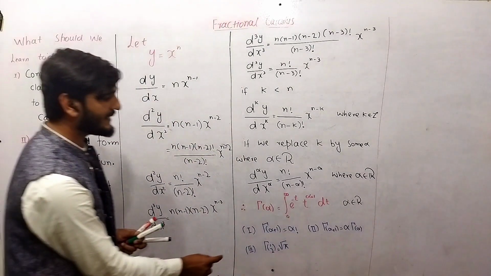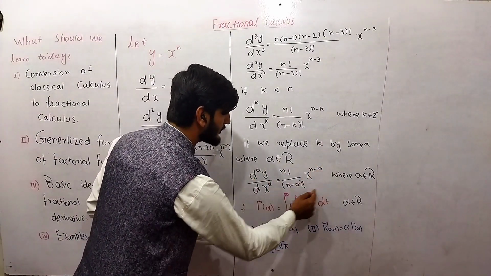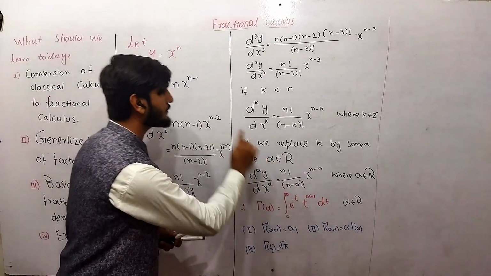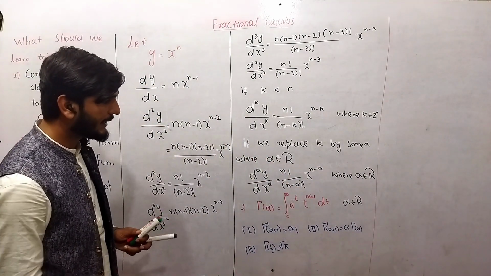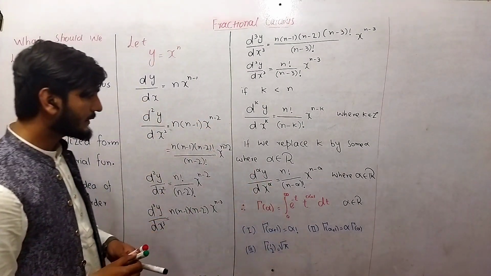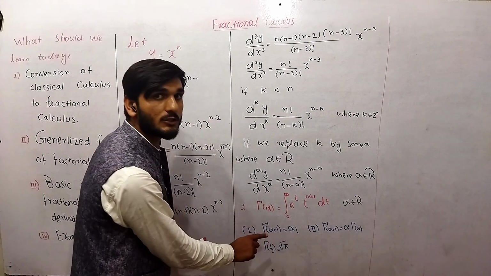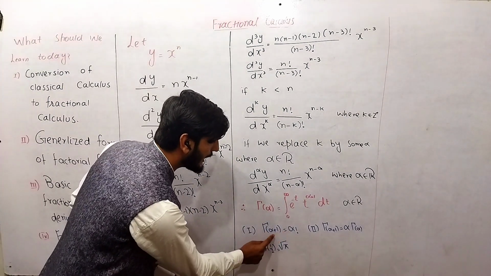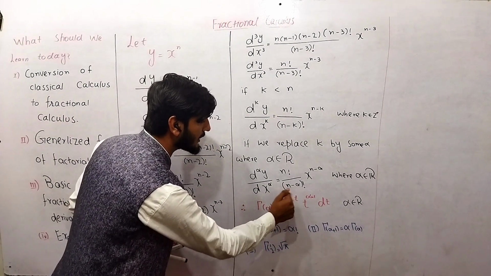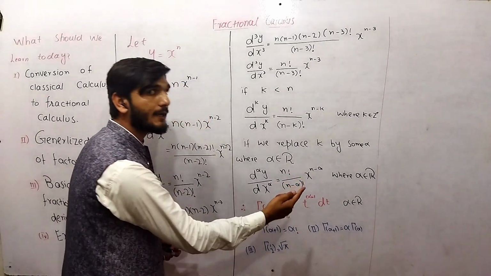Let me use these results to generalize the formula for x raised to the power n. The first result is used here: alpha factorial is a gamma function with alpha increased by 1. So if we convert this factorial into a gamma function, we increase its argument by 1.